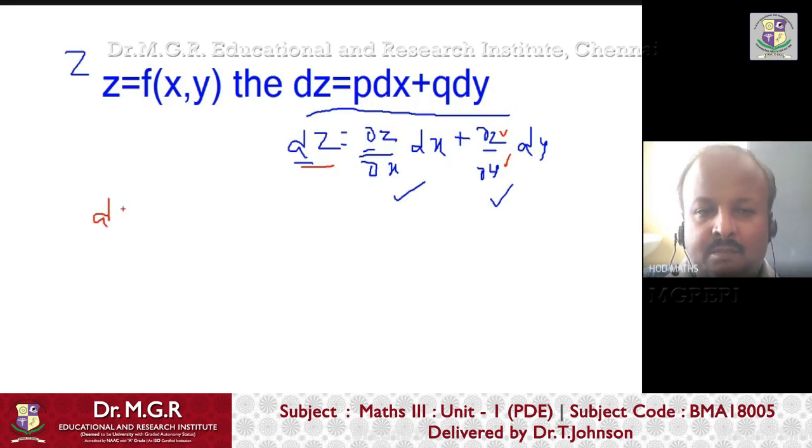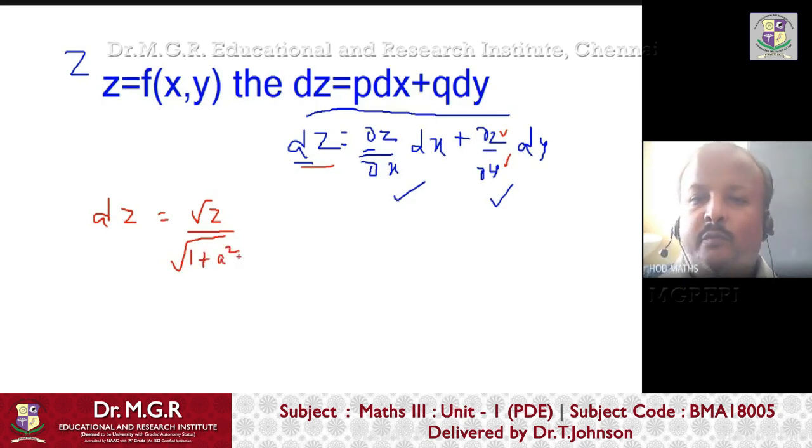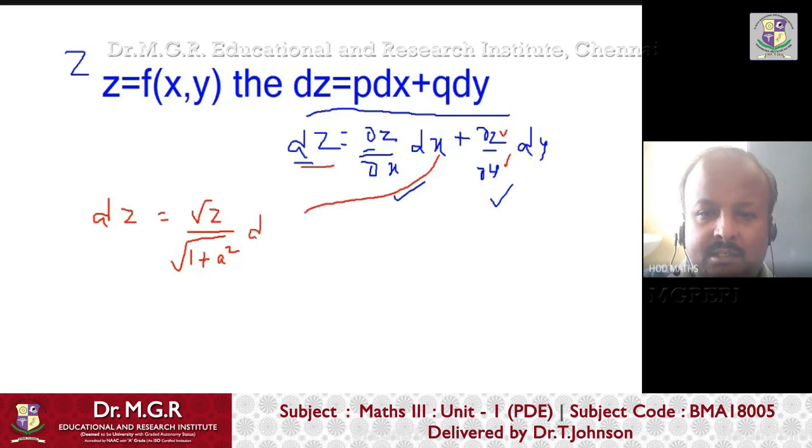How? Very simple. You can write dz. Just now we found p is nothing but root z by root of 1 plus a square. So this is p into dx plus q.